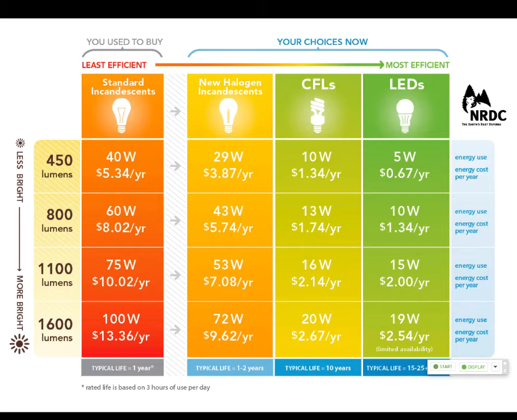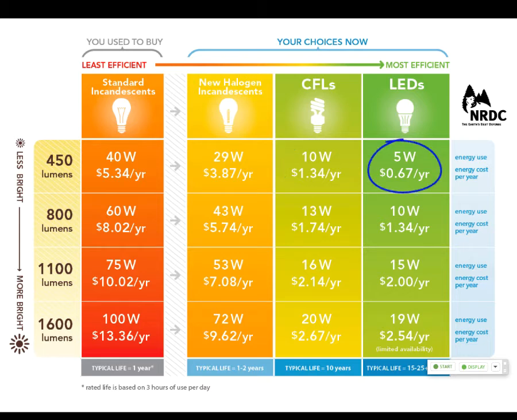If you want equivalent bulbs, with halogens, the same output as a 40 watt bulb is now 29 watts. The same output in compact fluorescent, 10 watts. The same output in LEDs, 5 watts.